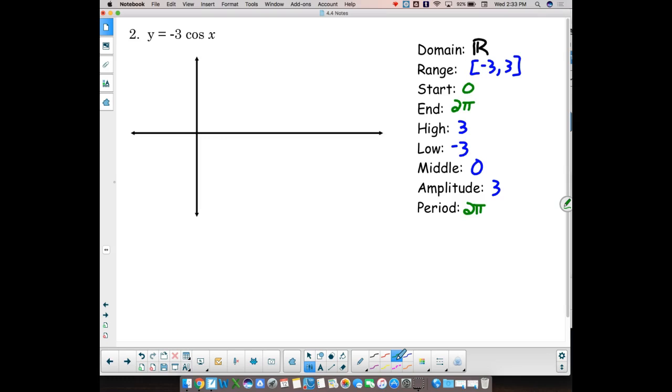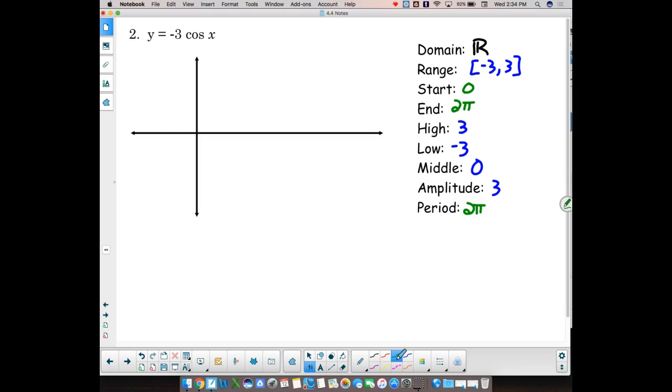Okay? Now, normally, cosine would start on top, right? So the cosine of 0 should be 1. Which it is. If I look at my unit circle, the cosine of 0 is 1. Right? Times negative 3 is negative 3.